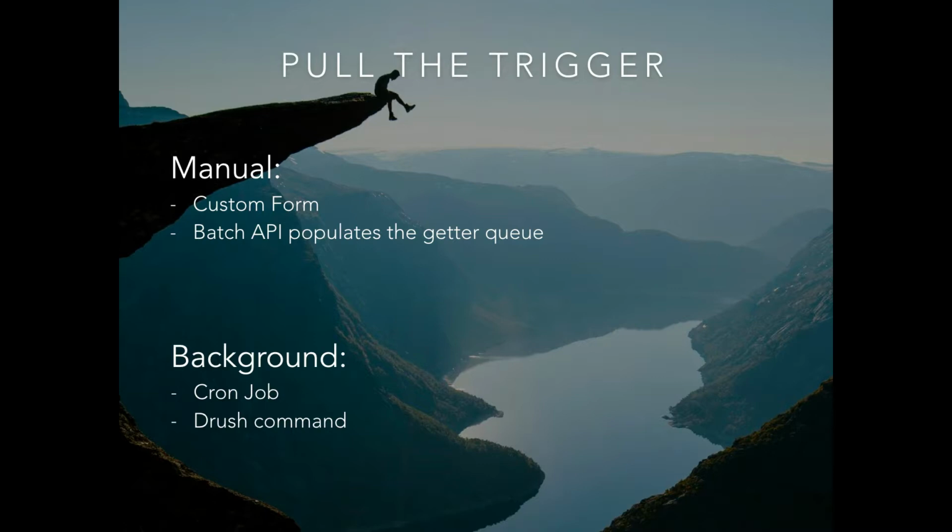After that, a background process such as cron or Jenkins will pick up and just claim item by item and populate your getter queue, and in turn your getter queue will populate your save queue. Or you can start immediately from the background and, on cron or on a drush command that is called from Jenkins, populate the first queue. So the idea is to populate the first queue, and from there it will be a chain reaction of one queue populating another queue, populating another queue.